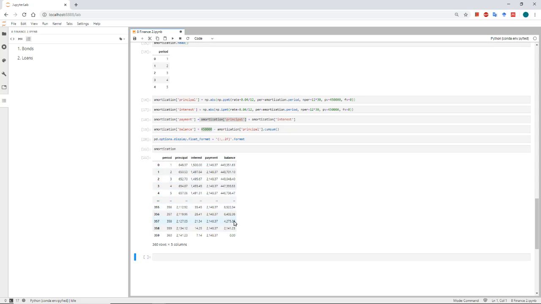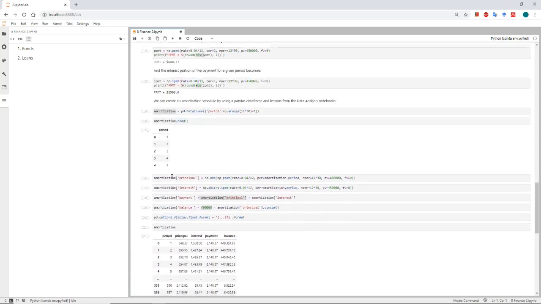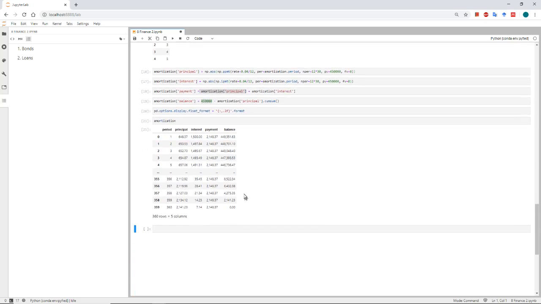Here we built out an entire amortization schedule that pays off the balance to 0 from a starting balance of $450,000. This already has the first payment paid, and so it's 1 to 360, and there you go.